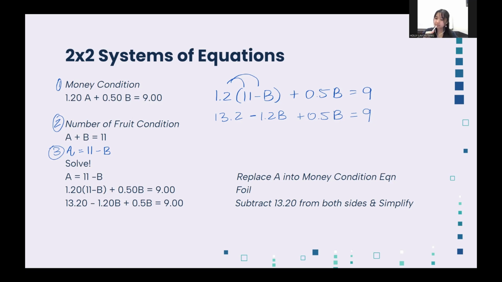Combine like terms. Then what do we get here? It's going to be 13.2 minus 0.7b. Just making sure I did it right. Yes, that's right. And now what?